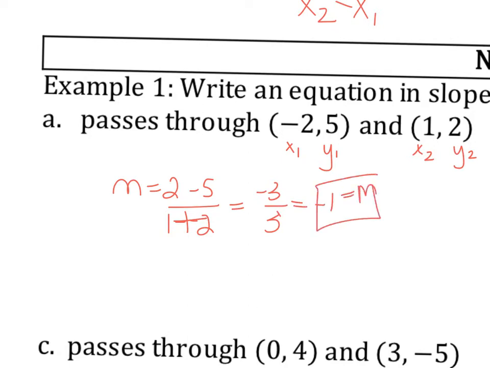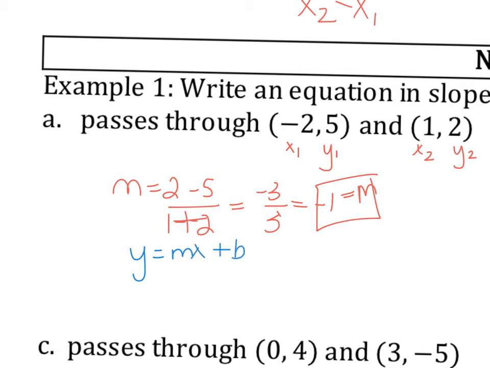And now we have to find our b. Just like we did in the previous lesson, we have our slope, we have some points. We're going to choose one of those points, and we're going to use our slope and our point to find our y-intercept. So we have y equals mx plus b.